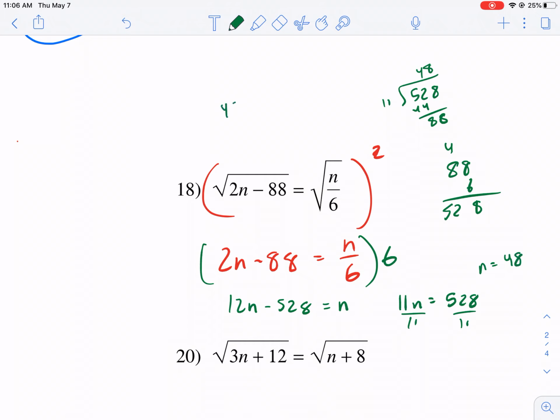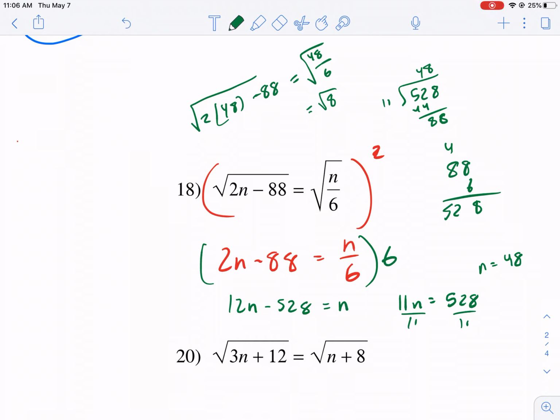Now I need to check that answer. So I have the square root of 2 times 48 minus 88. Is that equal to the square root of 48 divided by 6? Let me start on the right side. The right side looks a little bit easier. So I have the square root of 48 divided by 6. That's the square root of 8. I'm going to leave it like that because I hopefully will get the square root of 8 on the left side also.